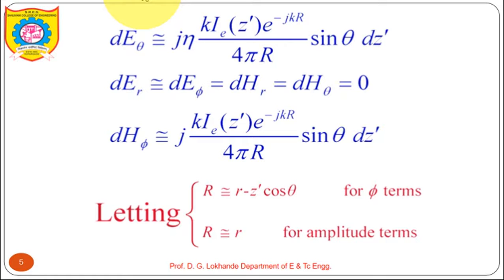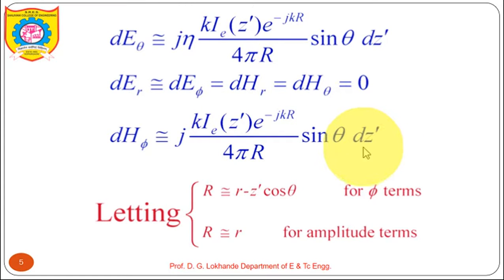For an infinitesimal dipole of length dz dash positioned along the z axis at z dash, the electric and magnetic field components in the far field region are given by these equations: dE theta approximately equal to j eta k I of z dash e raised to minus j k R upon 4 pi R, sin theta dz dash, whereas dH phi approximately equal to j k I of z dash e raised to minus j k R upon 4 pi R sin theta dz dash.